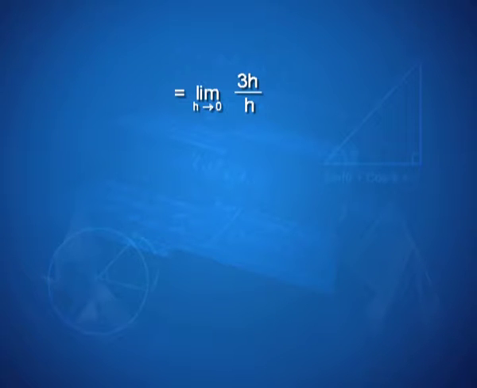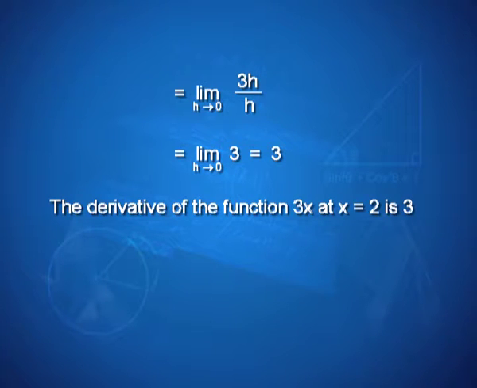That means it is limit 3 as h tends to 0, which is equal to 3. The derivative of the function 3x at x = 2 is 3.